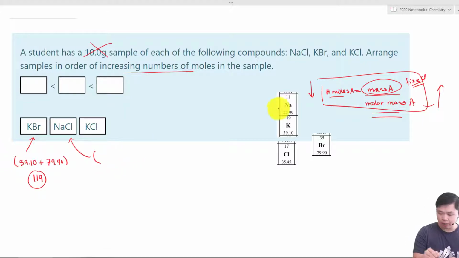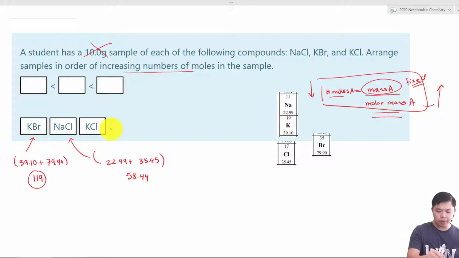Na is 22.99 plus Cl is 35.45, and that turned out to be 58.44 right there. There you go. And then we have KCl, which, again, K is 39.10, plus Cl is 35.45, and that turned out to be 74.55.